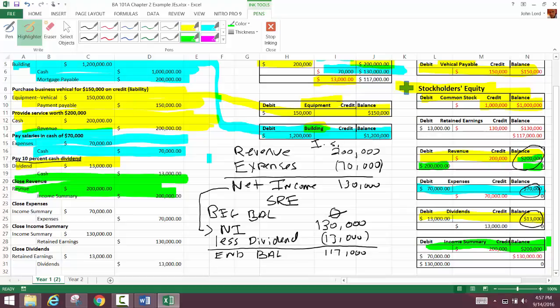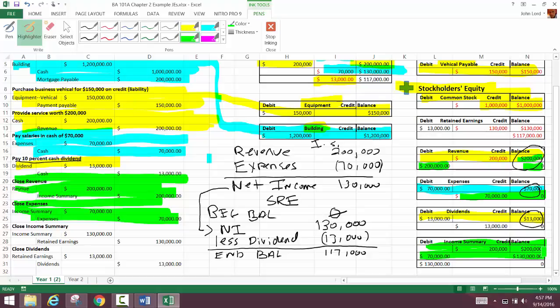Then I want to close my expense accounts. I track those by year, so I want that to be zero at the end of the year. So now I credit my expense account. Is it zero now? Where I wanted it to be? It's zero. And then I debit income summary, and now income summary has 130,000 sitting in there, right?